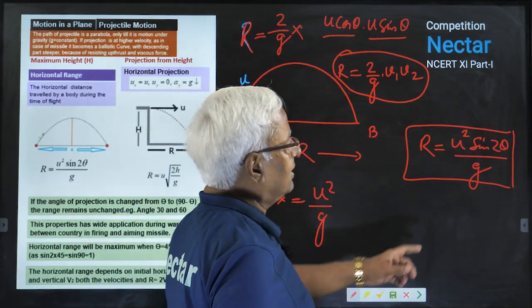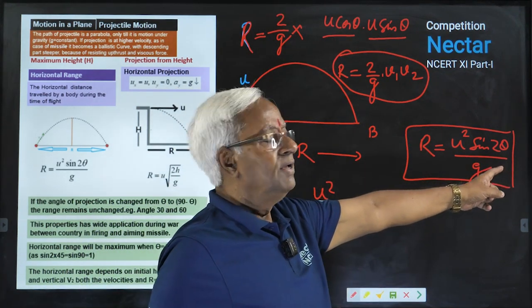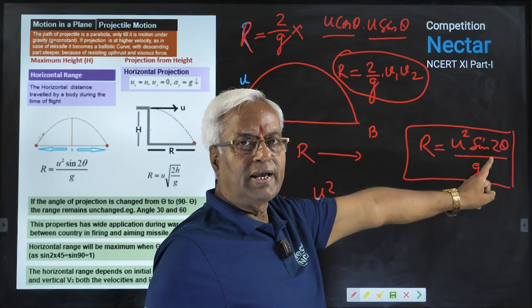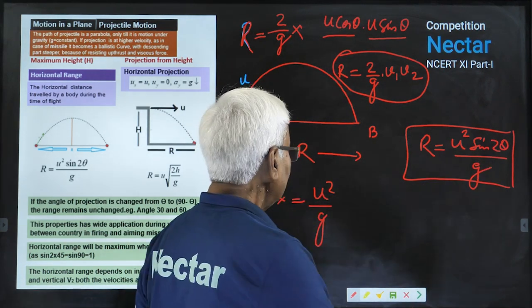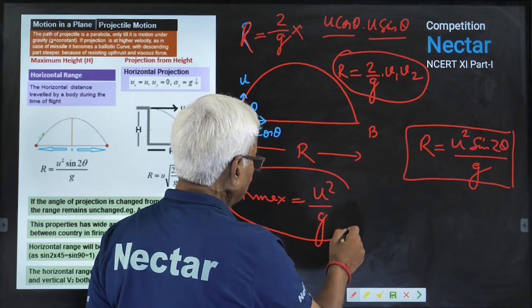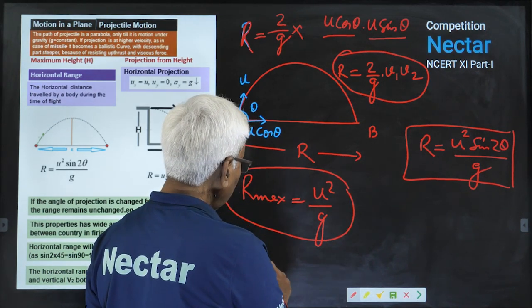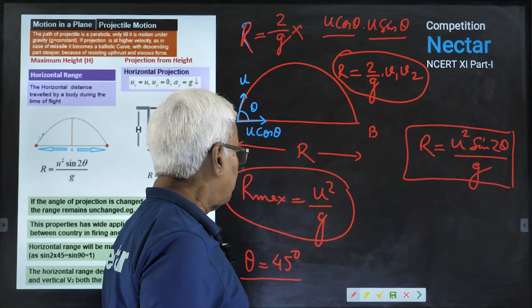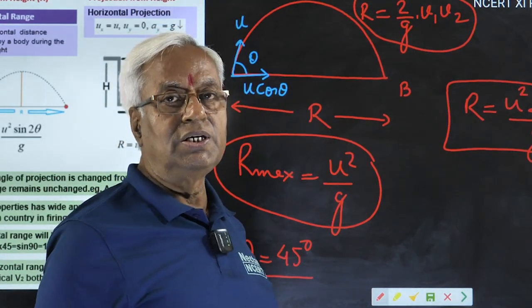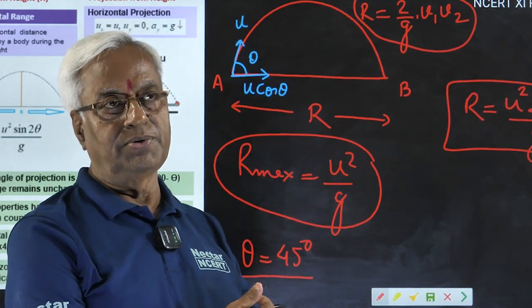What is changeable here is only this theta. If you put theta 45, sine 2 theta would be sine 90, which is 1. In that case, this is the maximum value. Maximum range you are going to get is when theta has been chosen 45 degree.